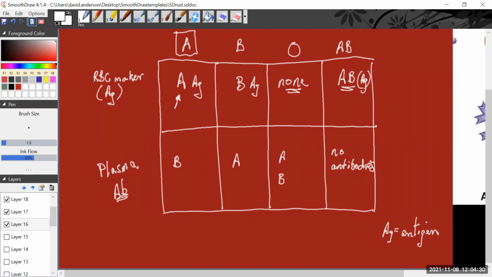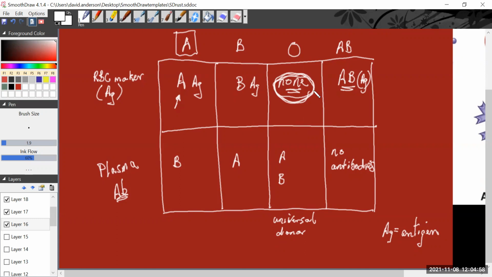So when we look at this little chart, we can call the type O blood person somebody who's referred to as the universal donor. Because if they give blood, there's nothing on the new red blood cells to stimulate an antibody response.